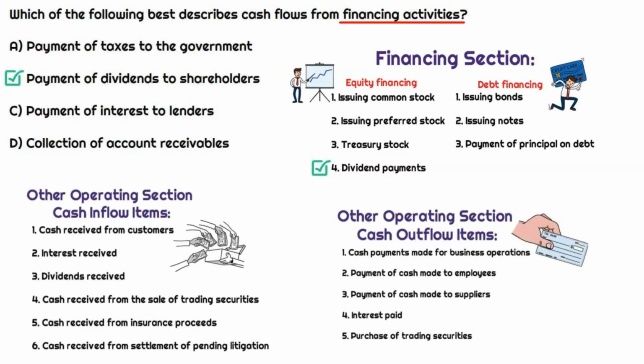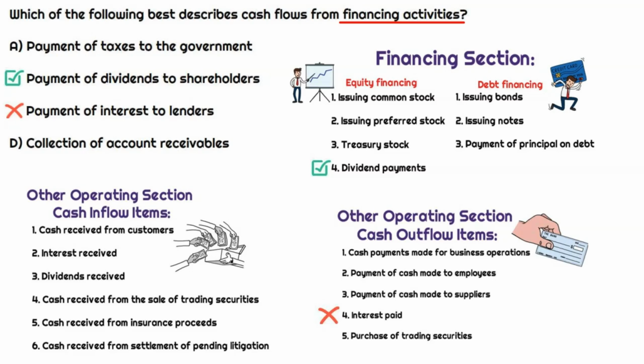When we look through the other three options, those are all going to be recorded in the operating section, right? So I brought up some additional visuals here that show other operating section cash outflow items. Well, payment of interest to lenders. I know you want to put that under debt financing in the financing section, but interest is considered operating.